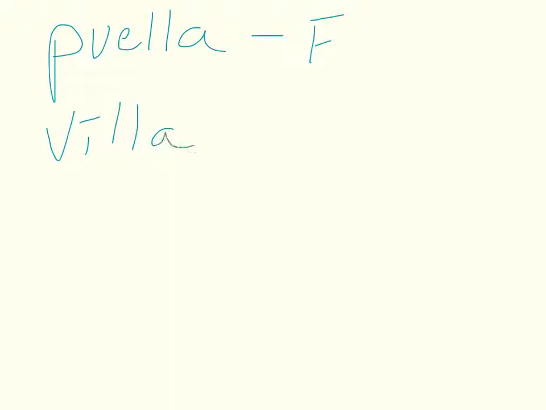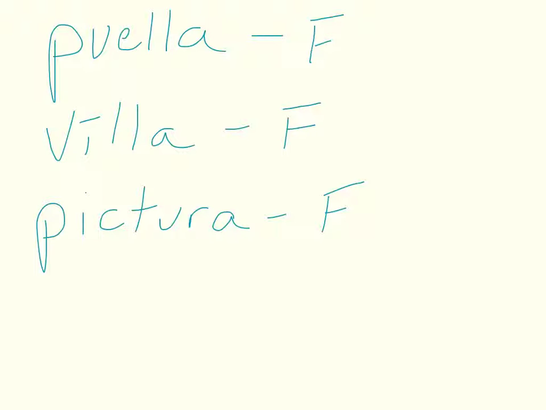So as I just mentioned, the nouns that we've seen in chapters 1 and 2, like puella, are feminine. Other nouns that we've seen, like villa, is feminine. Pictura is, guess, feminine. So for the most part, the nouns that we've seen in chapters 1 and 2 are feminine.